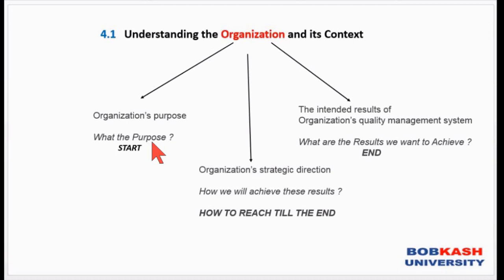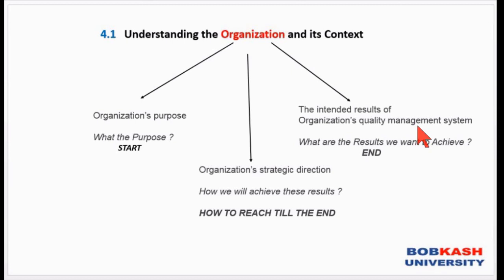And the end is that you need to achieve the intended results of the organization's quality management system. So there is always some results you want to achieve in the organization's quality management system. For example, I want to make a product which meets certain ABCD requirements. That is the intended results of the organization's QMS, quality management system.